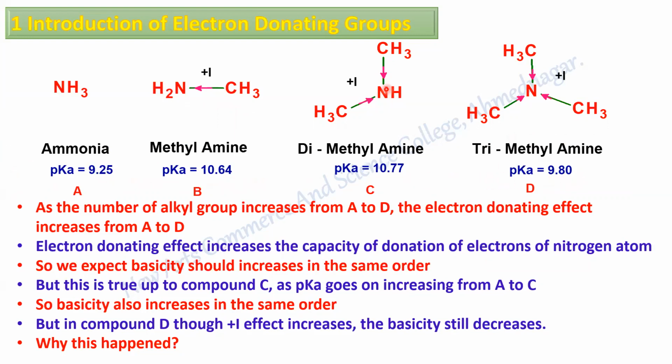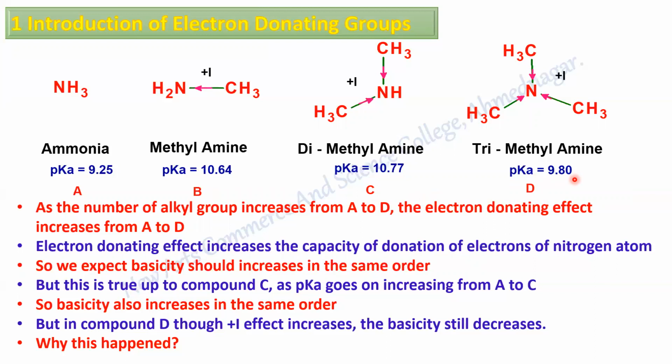From A to C, the pK value goes on increasing, which indicates that as the pK value increases, the basicity also increases. But look at D, the pK value decreases.